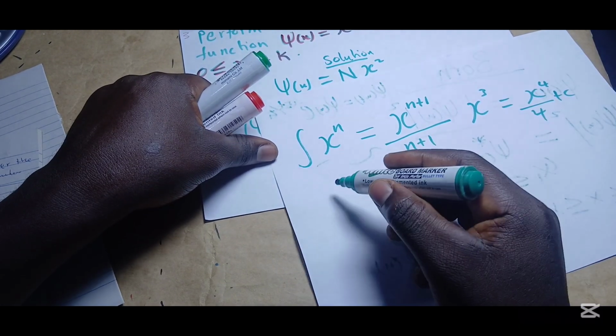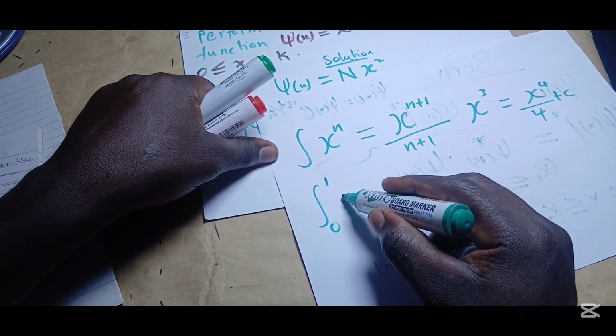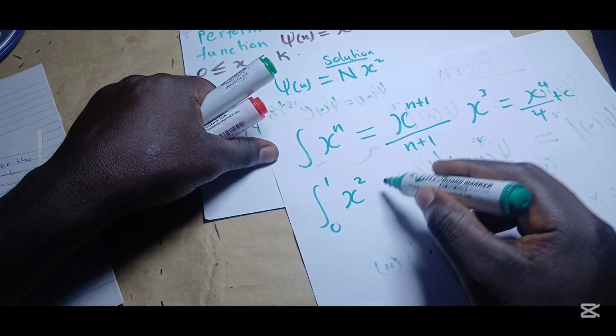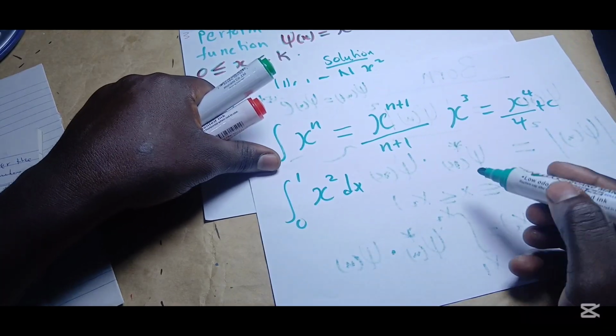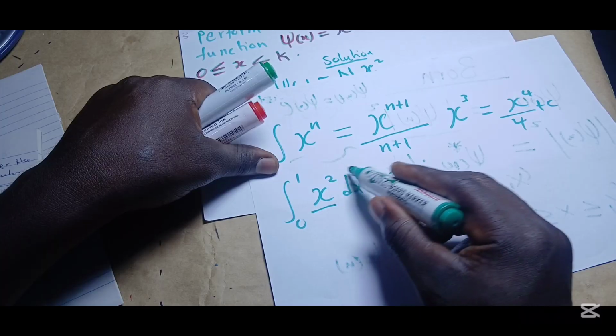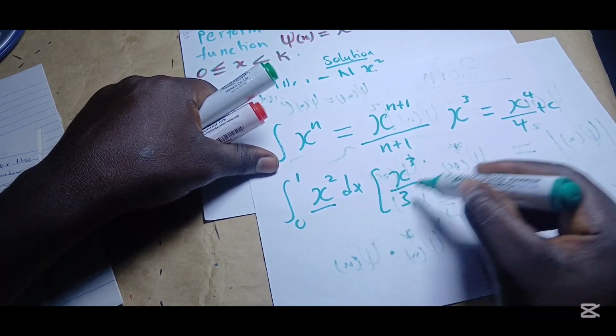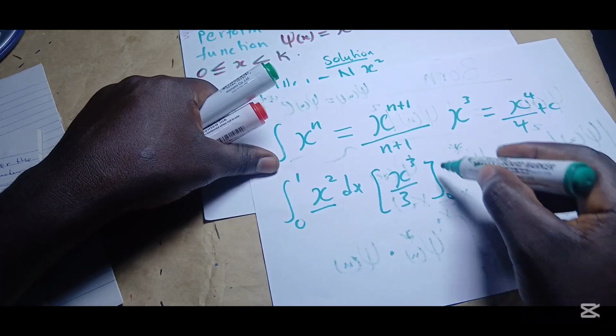If I'm given intervals from 0 to 1 to integrate the function x squared dx, I first integrate it. So x to the power 2 plus 1, which is 3, divided by 3. Now evaluate it from 0 to 1.